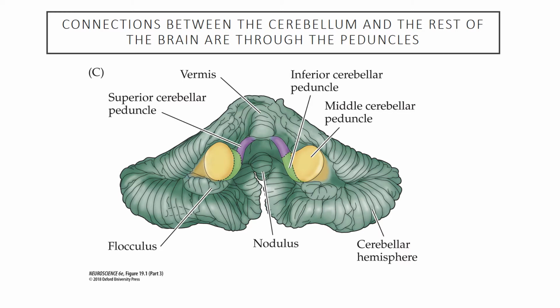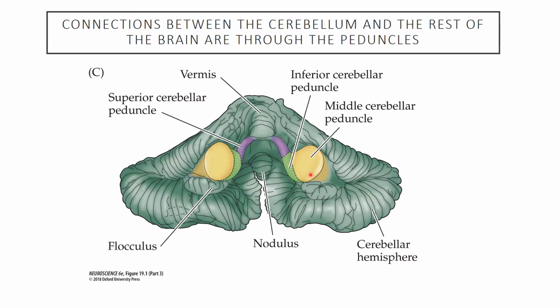So the cerebellum is its own distinct lobe that sits on the back of the brain, but it obviously has to be connected to the brain, and it's connected through areas that are referred to as the peduncles. So we're looking at the cerebellum as if it's been cut off from the rest of the brain.